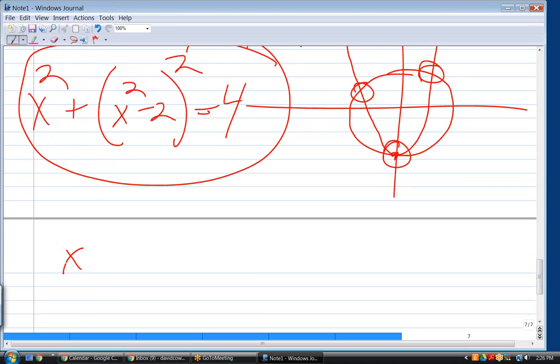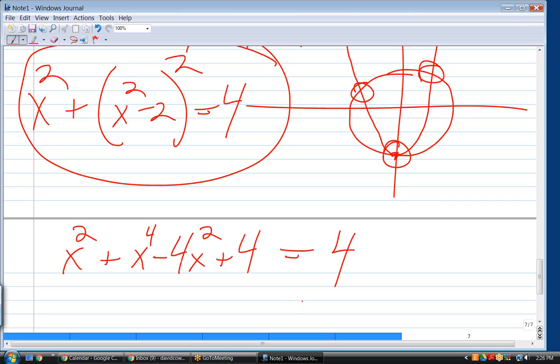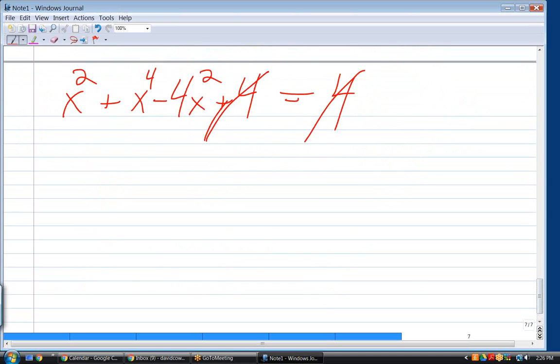First of all, we get x squared plus, let's expand that, becomes x to the 4th minus 4x squared plus 4 equals 4. So now I can cross that out with that. And I end up with what? x to the 4th plus x squared minus 3x squared equals 0.